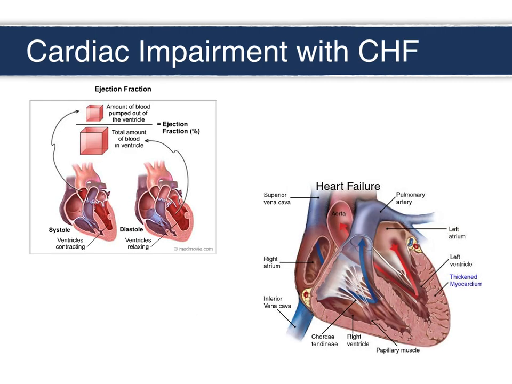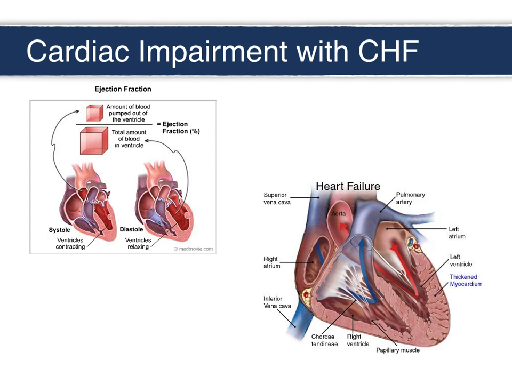So let's look at a picture of this, okay? We've talked about ejection fraction, and here's a nice little picture that demonstrates what's going on. You notice that during diastole, those ventricles are relaxing and we get a lot of blood. And then as it squeezes, we get a lot of the blood out.